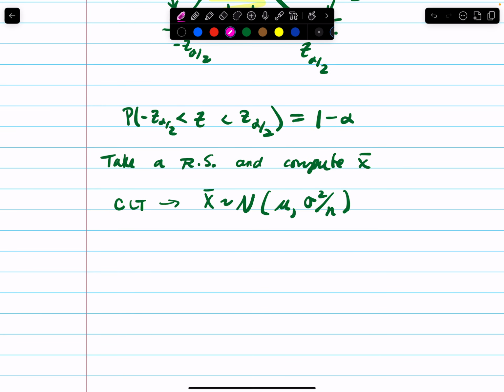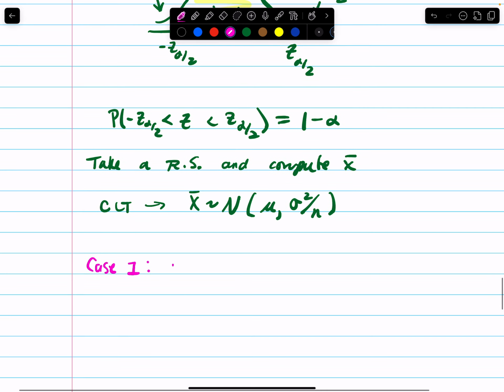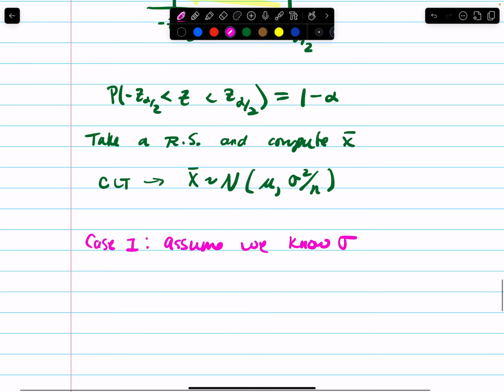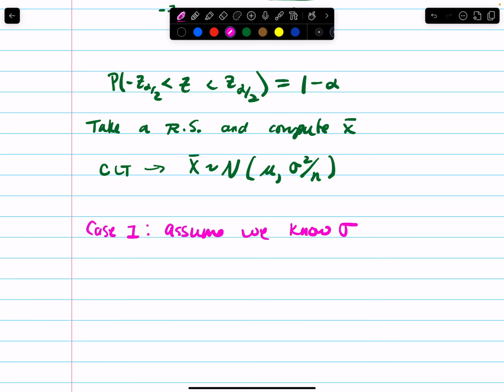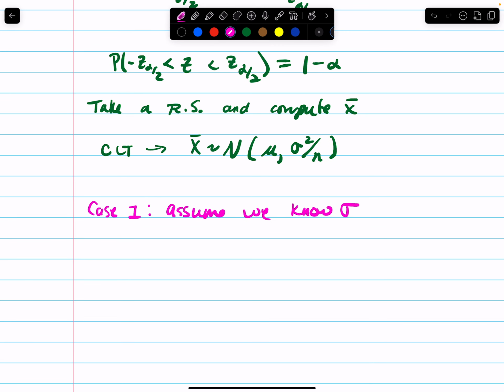And in this first case, although we don't know the population mean, we assume we know sigma. So we know the population standard deviation. That's going to be case 1.